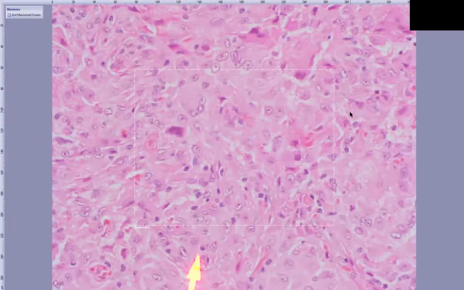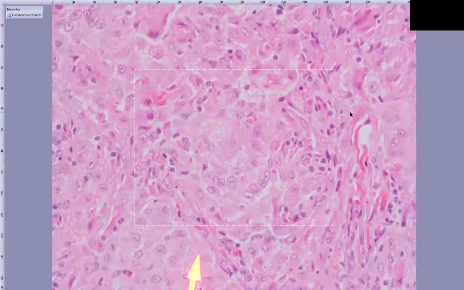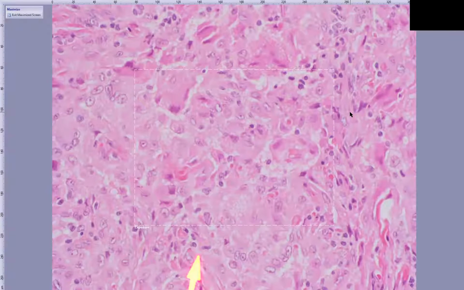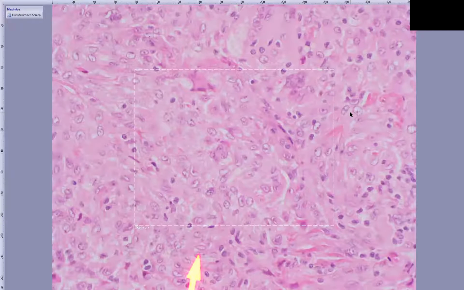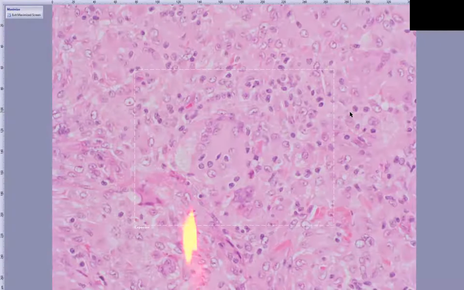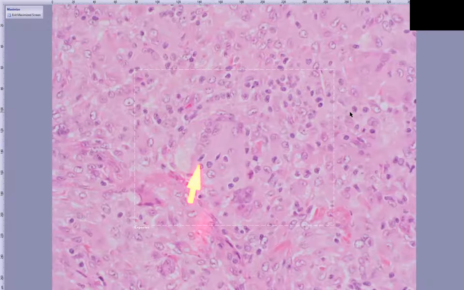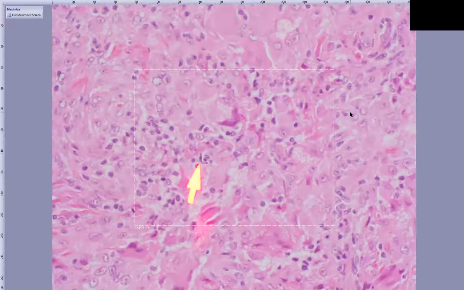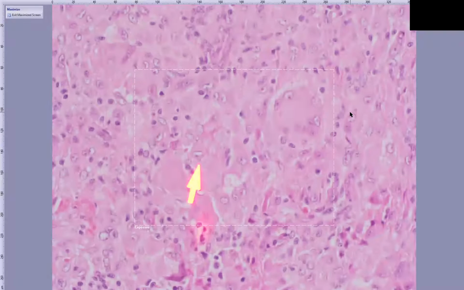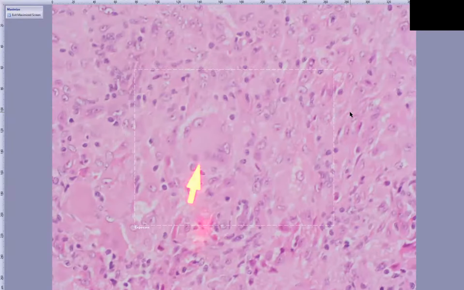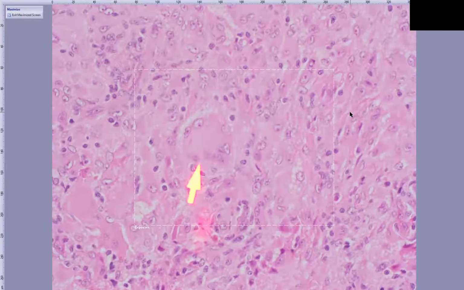But in reality, that foamy change surrounds the outer perimeter of the wreath of nuclei. So this is what we call a Touton giant cell, and it's quite characteristic for xanthogranuloma. It's not specific for it, though, because you can see it in other granulomatous entities. So you have to be careful not to eschew other histologic features that are typical for juvenile xanthogranuloma.